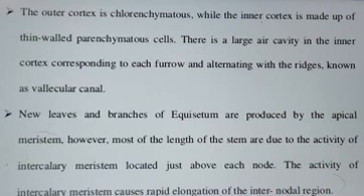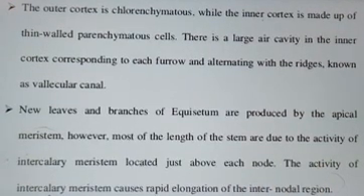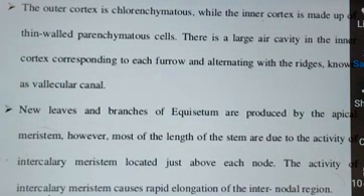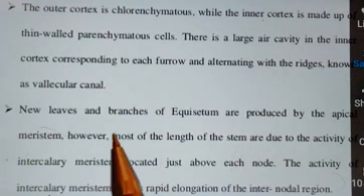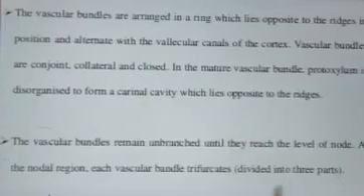The activity of the intercalary meristems causes rapid elongation of the internodal region. Intercalary means inside; the meristematic cells cause rapid elongation, means growth of the internodal region.